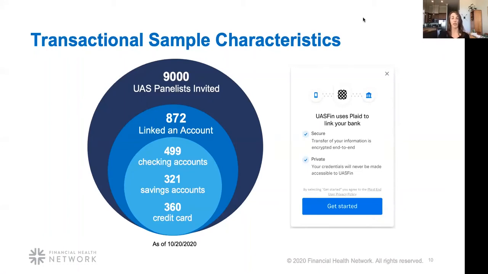The demographic characteristics of those 872 individuals largely align with the demographic composition of individuals who bank online, but there are some skews along some key demographics: race and ethnicity, gender, age, income, and education. So I would encourage you to think about any of the insights that we present based on the transactional data set as simply being illustrative of trends at the national level and complementary to some of the survey data insights that we share with all of you.